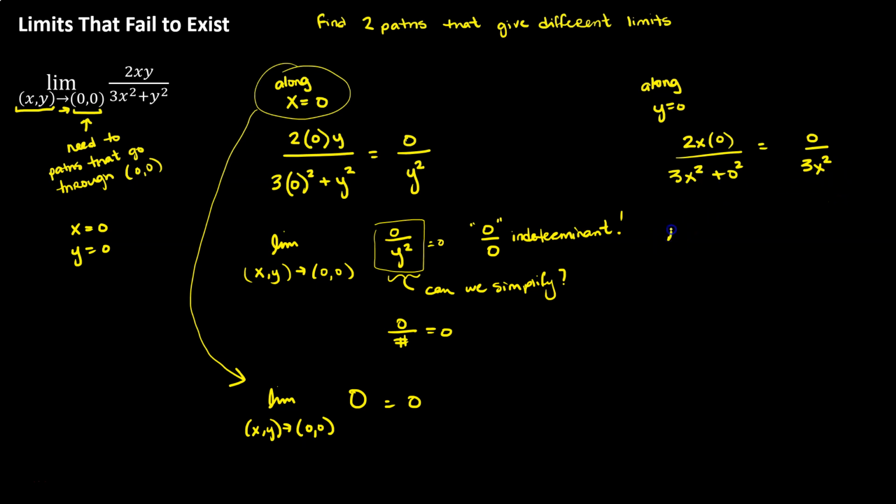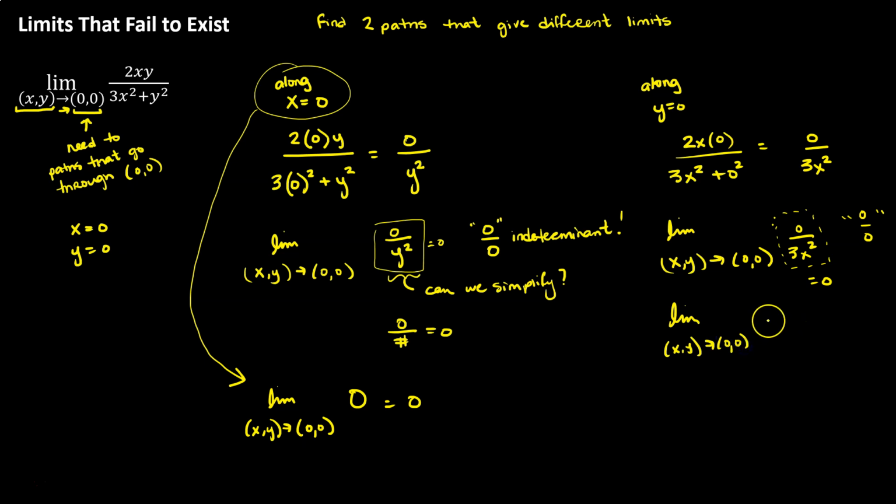And again, we're looking at the limit as xy approaches 0, 0 of 0 over 3x squared. We get the same indeterminate situation, but since x is approaching 0, we can assume that until we get to that point, x is non-zero. We can simplify. We're looking at xy approaching the origin of a constant 0, which of course is equal to 0.